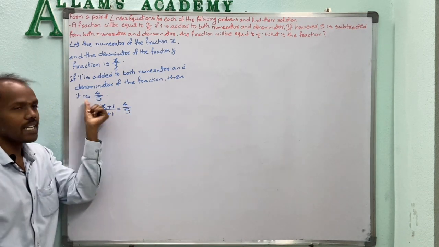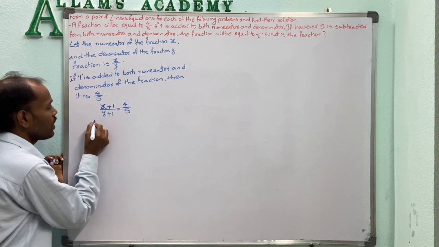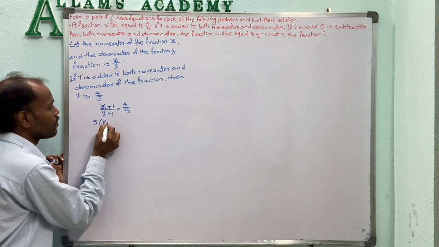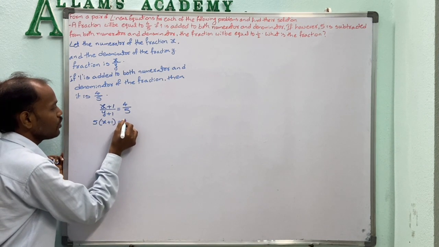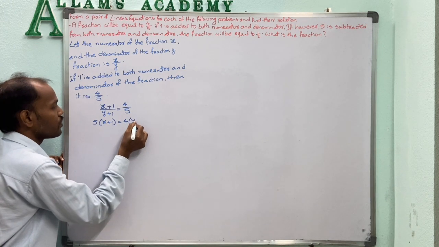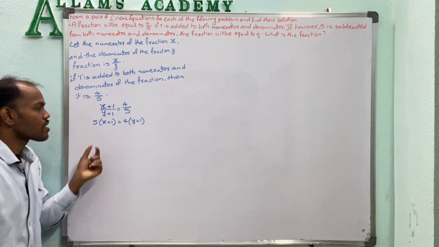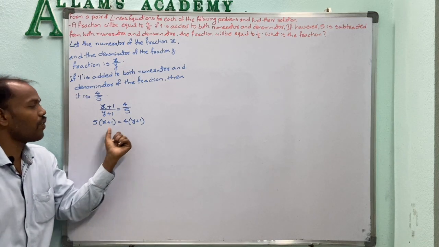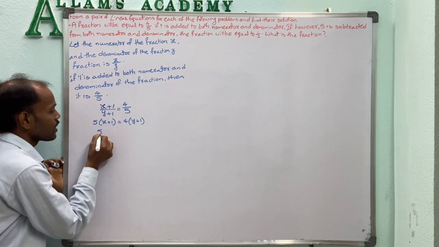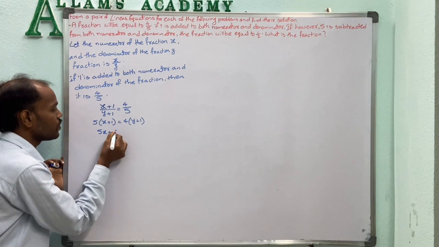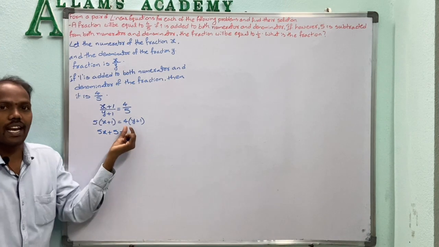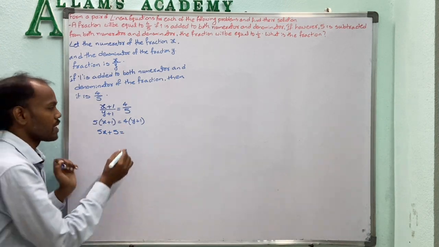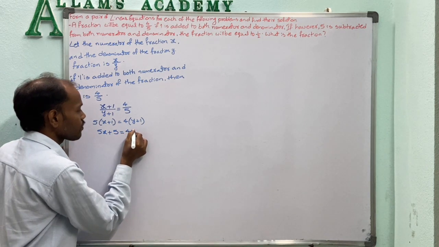Now by cross multiplication, 5 into x plus 1 equal to 4 into y plus 1. So 5 into x plus 1 is nothing but 5x plus 5, and 4 into y plus 1 is nothing but 4y plus 4.